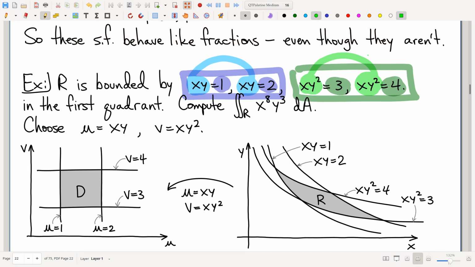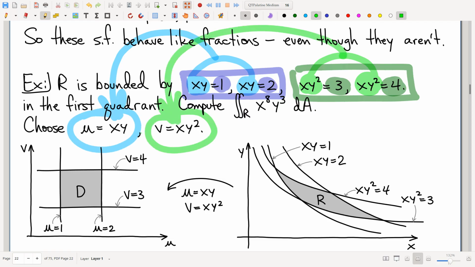When this happens, here's the big trick. Take that first function, call it u. Take that second function, call it v, and that, between the two of them, is going to be what I'm going to call your change of variables function.